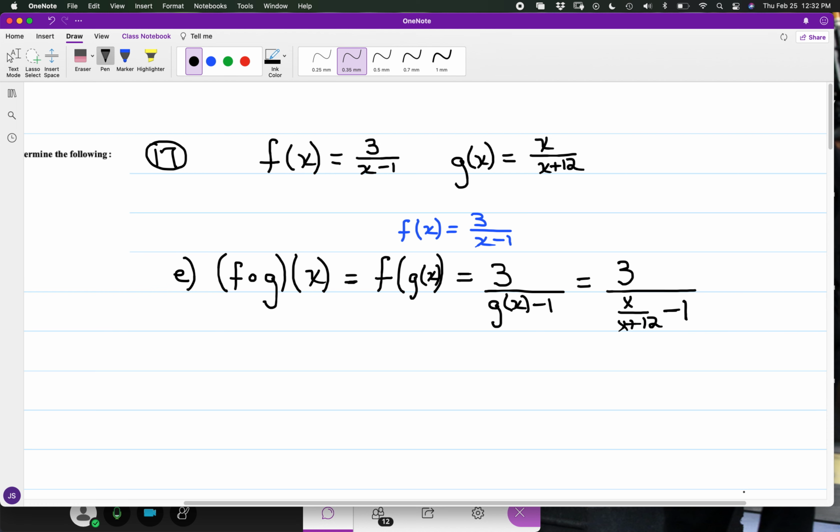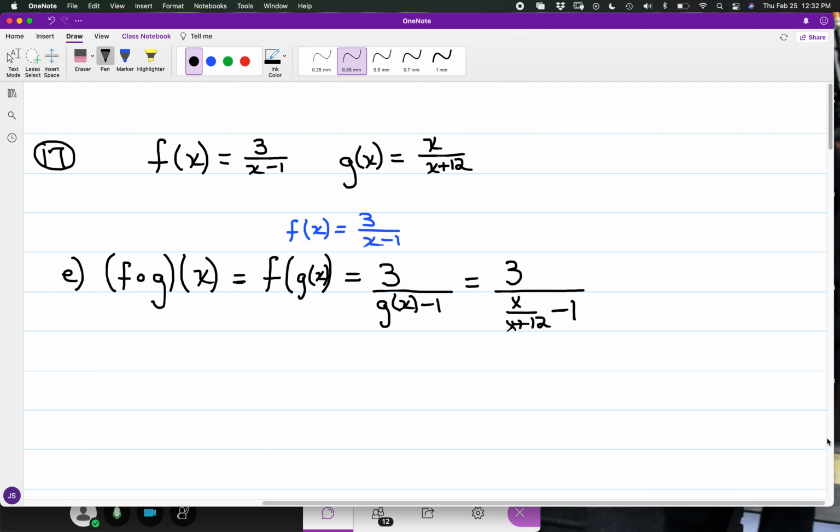And to clean up the fraction, I can just multiply the numerator and denominator by the bottom part of the fraction that makes this whole thing into a complex fraction.